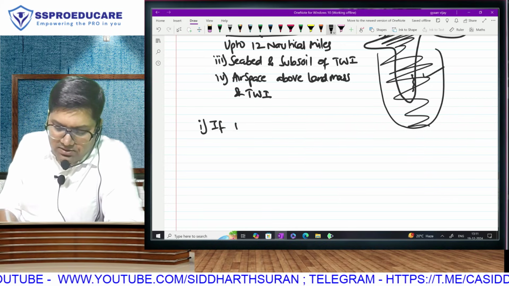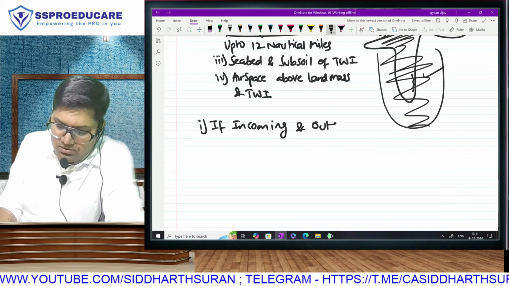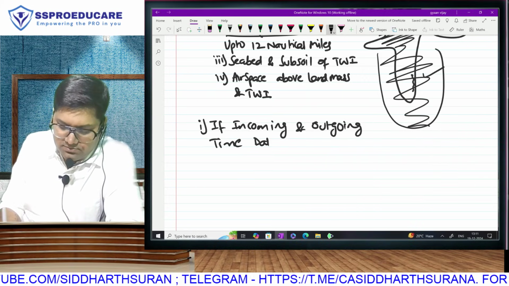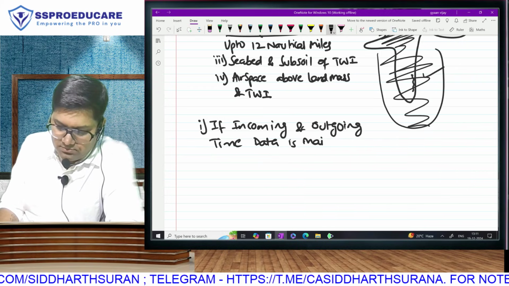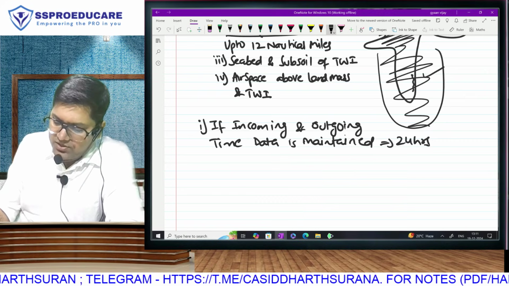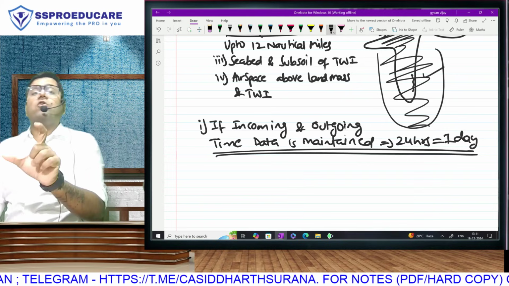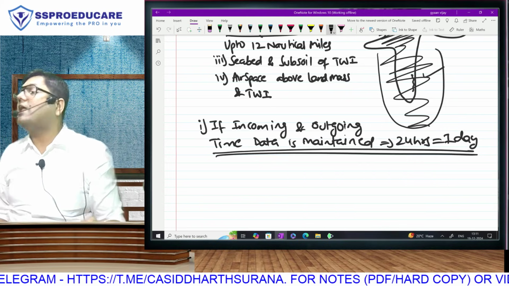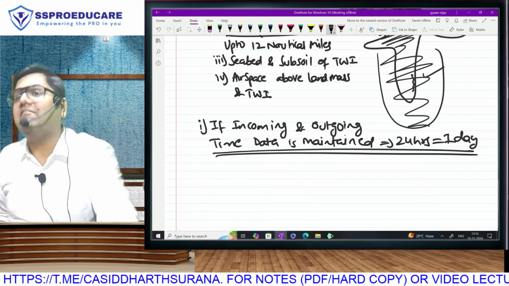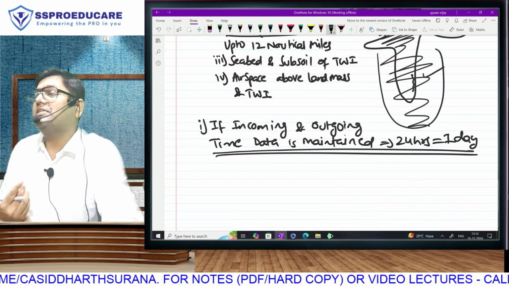If time data, that is incoming and outgoing time data, is maintained, then in that case, 24 hours of stay in India will be considered as 1 day. If you have the data of what time you entered India and what time you left India, maintain your stay in India details on the basis of hours. As you reach 24 hours, we will consider that as 1 day in India.